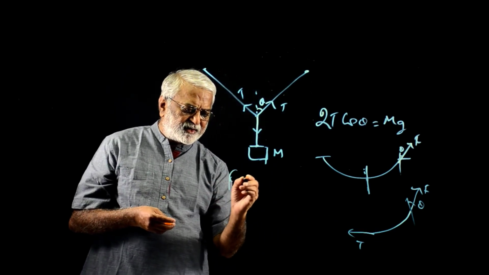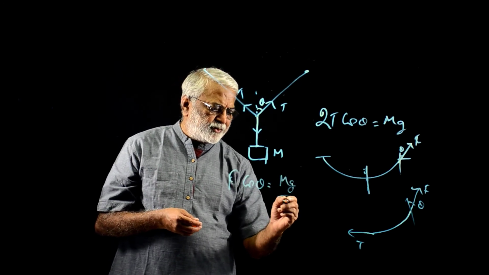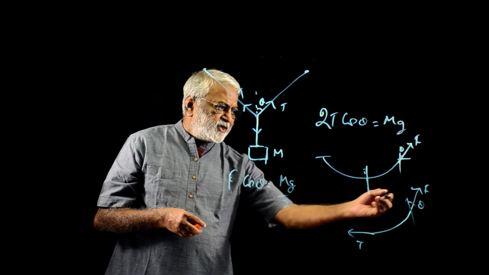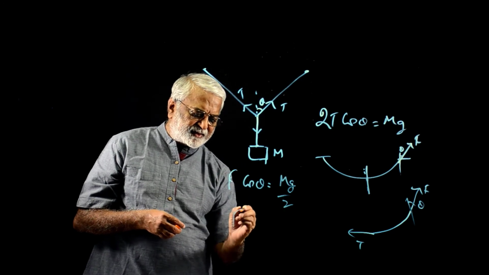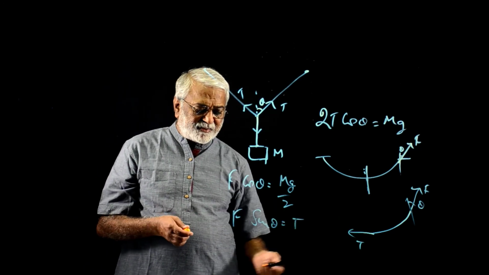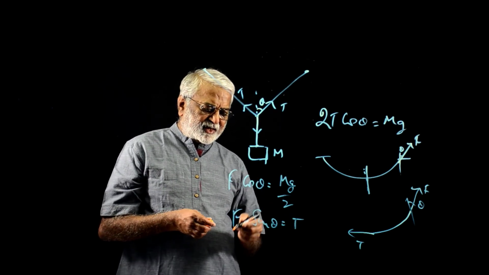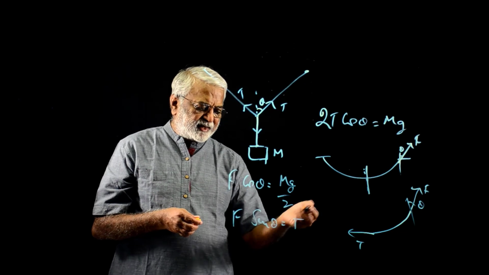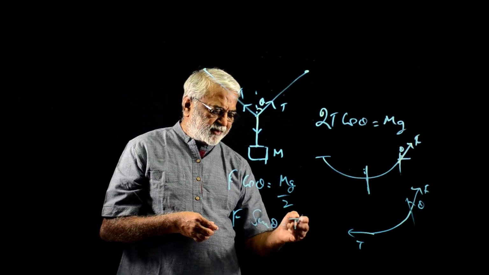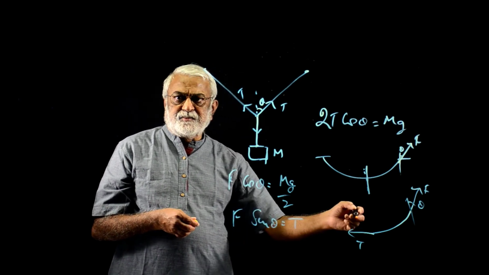So F cos theta equals mg by 2, and F sin theta is equal to T. So what is the tension at the bottom? We can find that. Divide these and you'll get tan theta equals T by mg by 2. So if you know that angle, you can find the tension at the bottommost point.